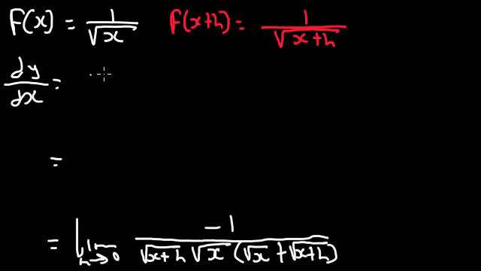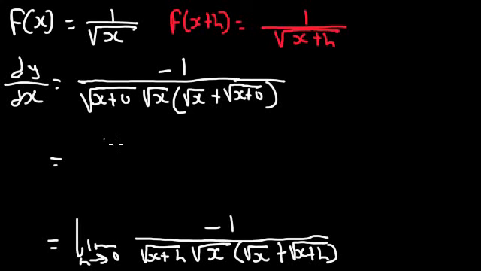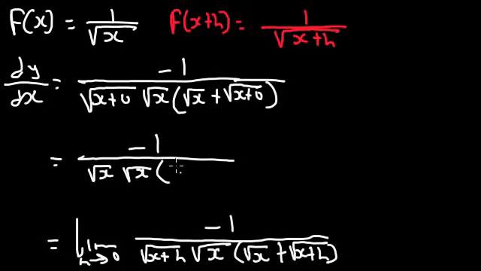So we now have dy/dx to be equal to negative 1 divided by root of x plus 0, root of x multiplied by root of x plus the root of x plus 0. And simplifying forward, we have dy/dx equal to negative 1 divided by root of x times root of x, in the bracket of root of x plus root of x. Perfect.